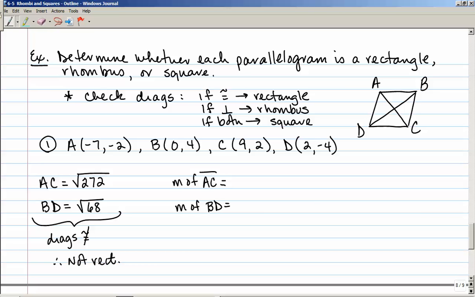Now let's find the slope of each diagonal, and let's see if they're perpendicular to each other. So the slope of AC, using the program in my calculator, is 1/4, and the slope of BD is -4. Okay, so those are opposite reciprocals of each other.